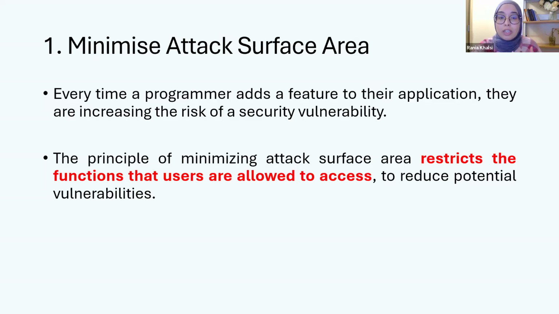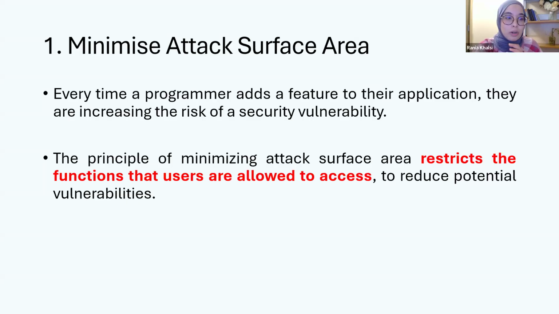The main goal is to expose only what is necessary. Okay, and nothing more. So if I want you to learn something from this first principle, it is that whenever you have more features, there is more risk. Okay, and in secure design, few entry points usually mean fewer security problems.